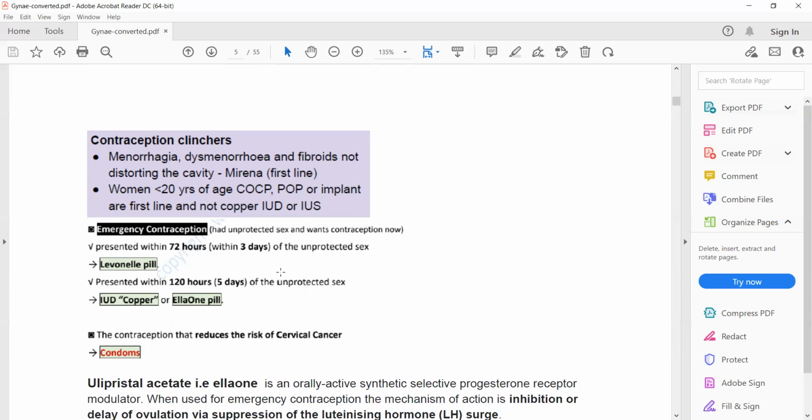And in women who are less than 20 years of age, COCP, POP, and implants are the first line, and not IUD or IUS, unless the patient is taking enzyme inducers such as carbamazepine, phenytoin, or phenobarbital.